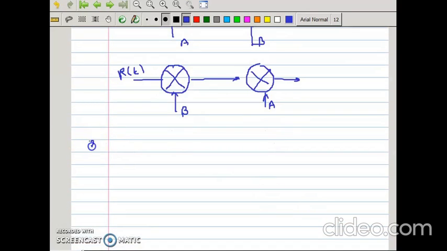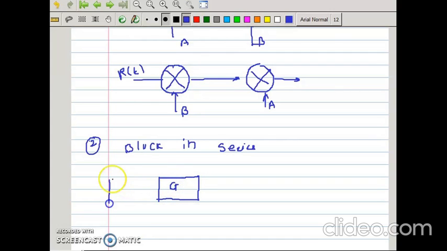Let's move on to the second rule. Blocks in series. Okay, as we know, what is meant by block? Block means G, right? Suppose here two blocks are in series. Suppose this is the first block, G1, right? And this is the second block. See, both blocks are in series, right?